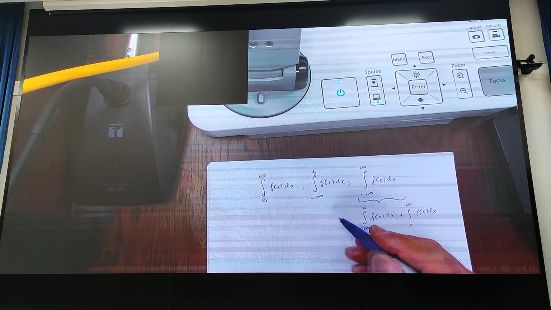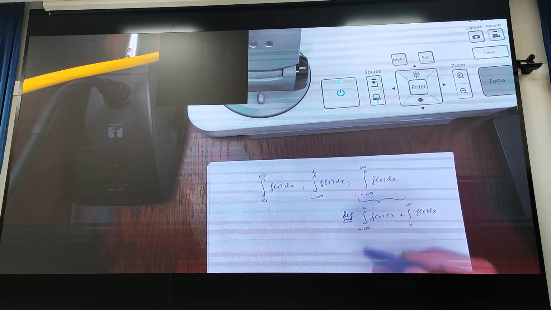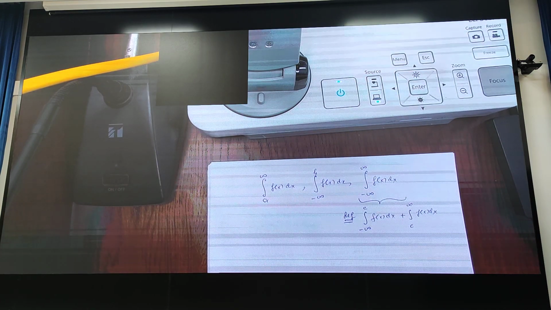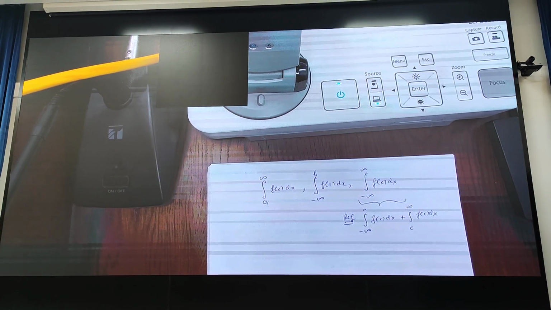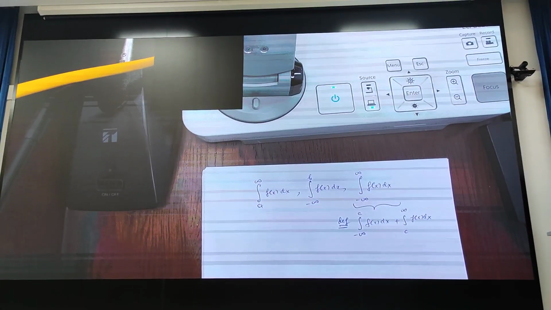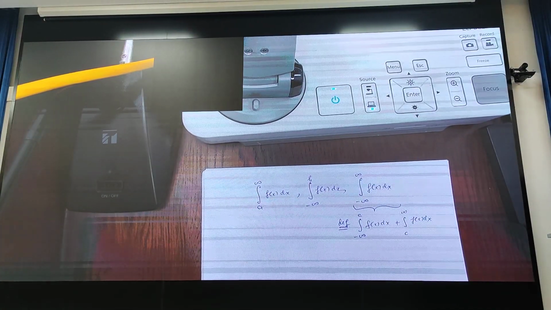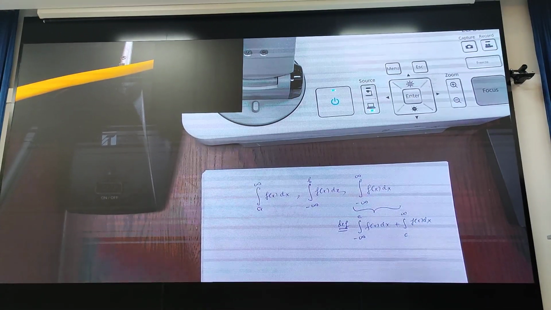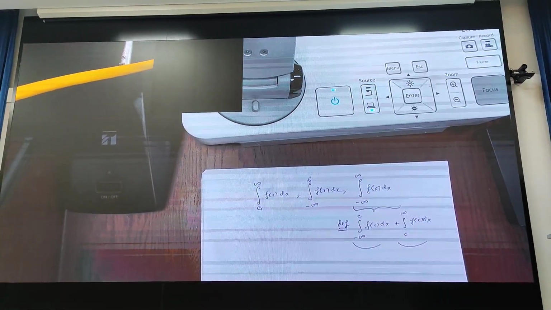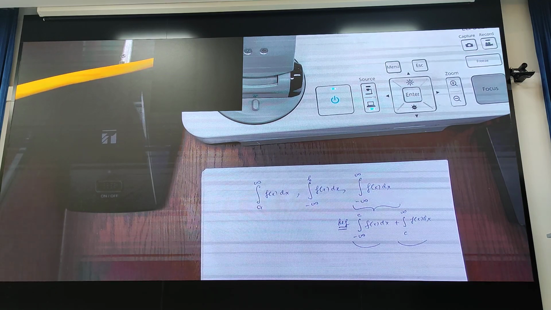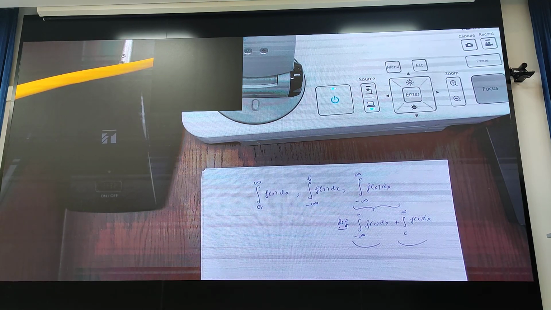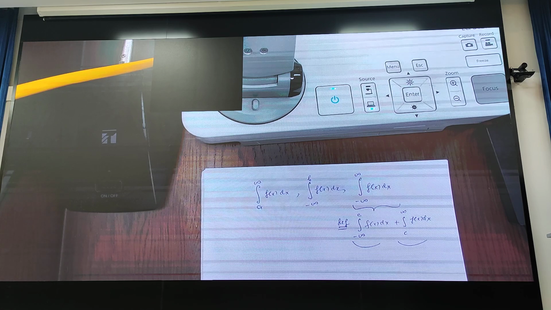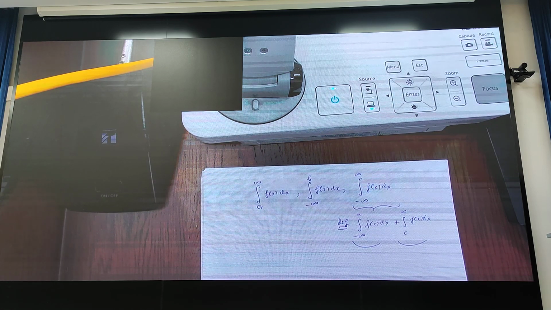Pay attention. This is by definition. Both are convergent. Then you have convergence of the first type. But if either of these two improper integrals diverges, then we have divergence of the given integral.